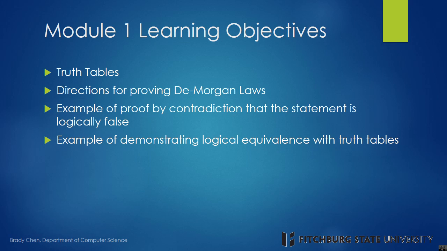We are going to talk about truth tables, and also the De Morgan laws, and then touch a little bit on the theory of proof, and show examples of how to prove certain things by contradiction. And then we will provide some examples of demonstrating logical equivalence with truth tables.